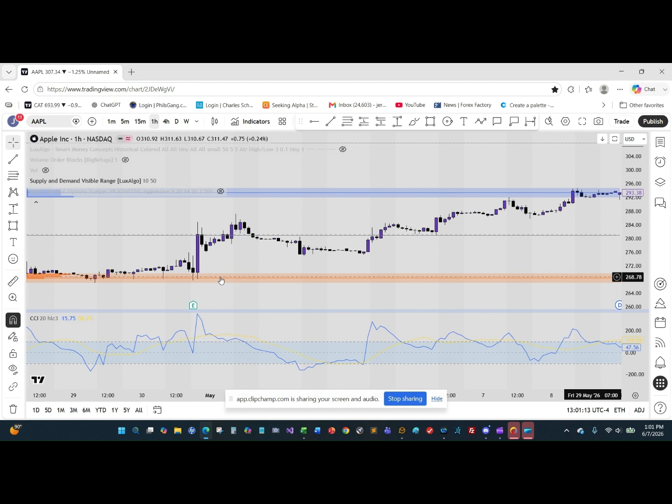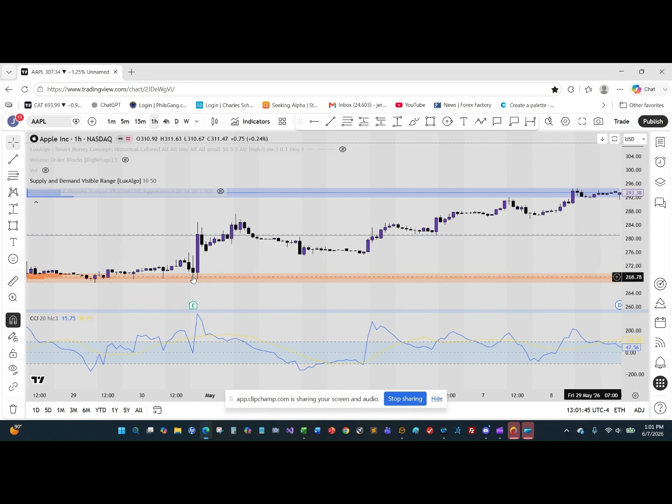Supply is on the top, demand on the bottom, and these zones will act like a trampoline, an area that your price action typically will bounce off of. It doesn't always. Sometimes it'll break through and reestablish a new demand zone or a new supply zone. But typically, as you'll see here, it respects and honors those zones.